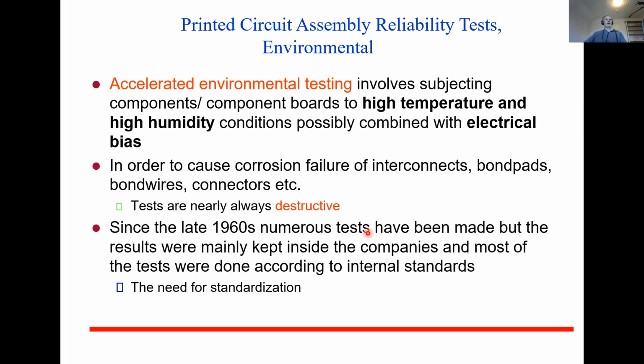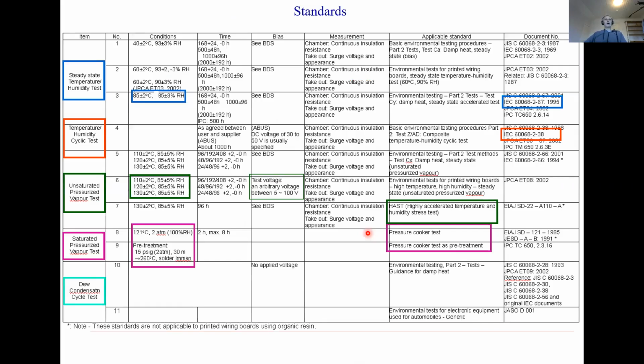Of course, it can be, again, field of industry dependent, or it can be an agreement between the manufacturer and the customer what kind of standards are used, or then you just need to pick it yourself. And here is just a table showing different types of humidity, temperature, humidity related standards.